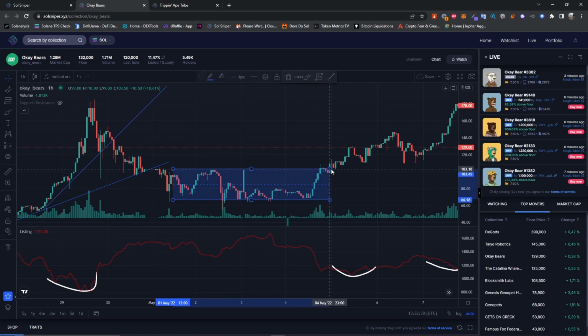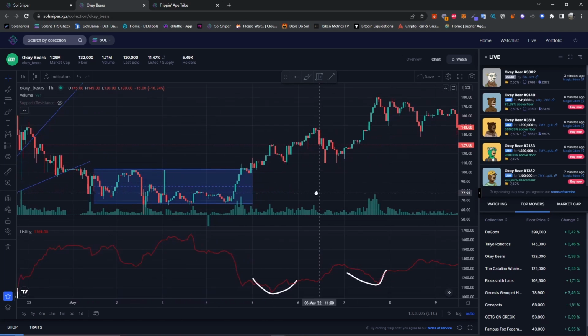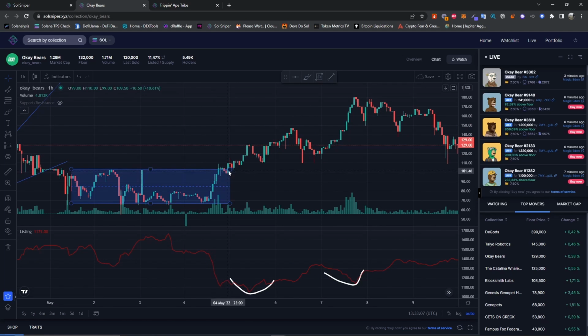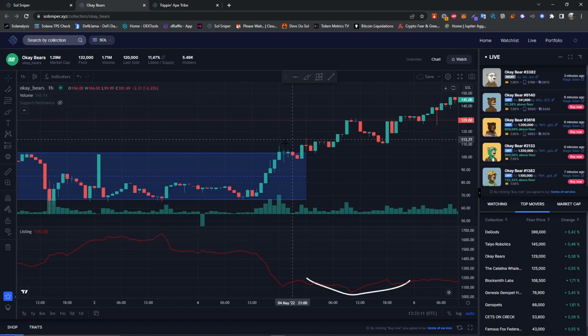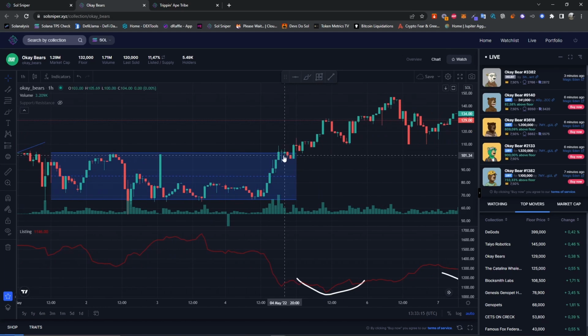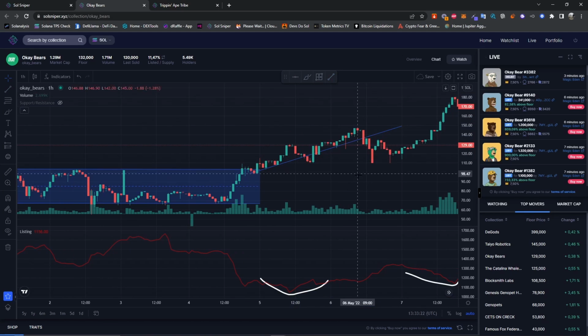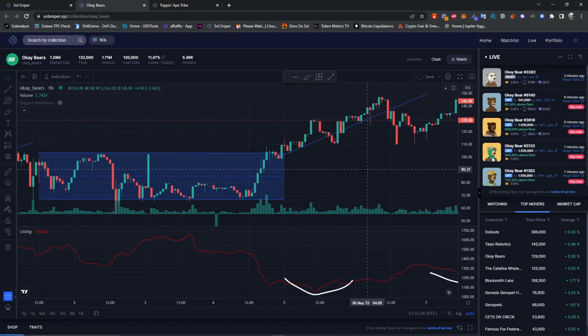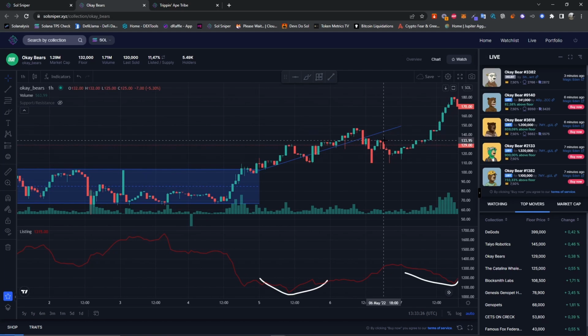So we broke out and then we retested it like here, and then we moved upwards. So here, when it broke out, you can expect now when it goes up, you should draw a trend like this, right? Just to see if it is one or not.